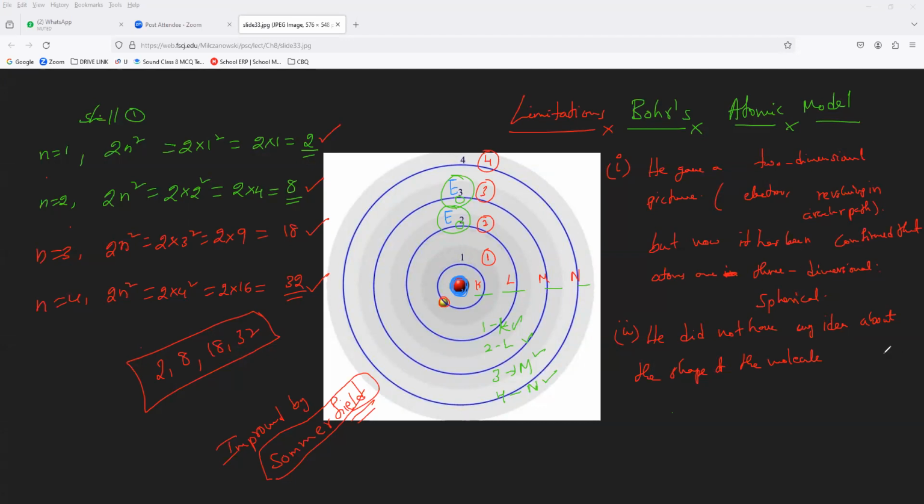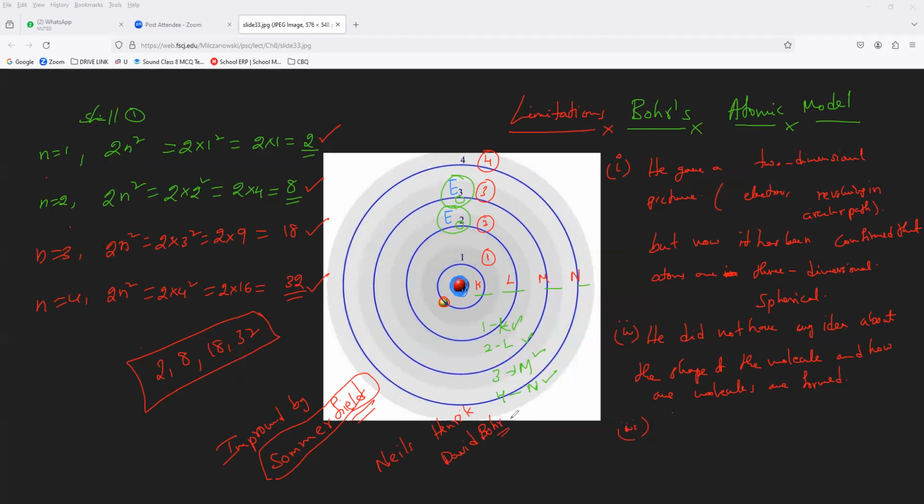So how molecules are formed is not able to be explained by Mr. Niels Bohr. And if you are interested, you can learn. His full name is Niels Henrik David Bohr. What is his full name? Niels Henrik David Bohr.